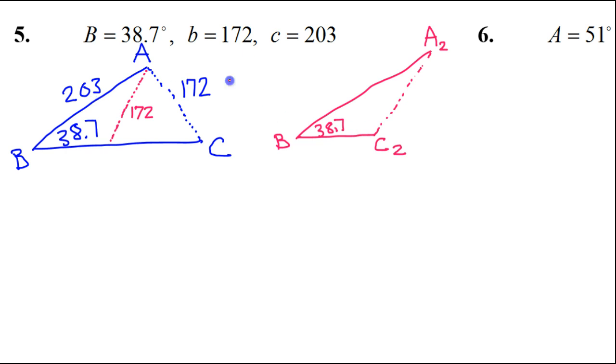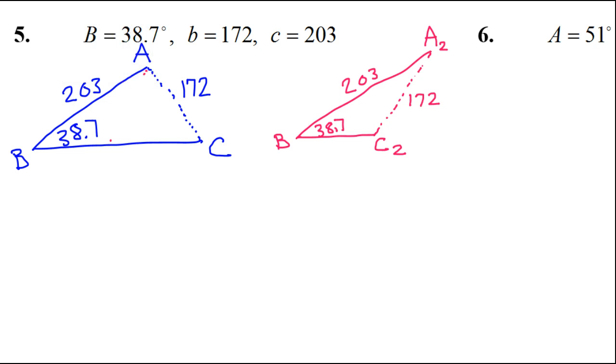Now this rigid side is still 203, and the swing side is the same rope. It's still 172. So these are the two triangles. I'm just going to go ahead and erase this and just deal with one triangle at a time.